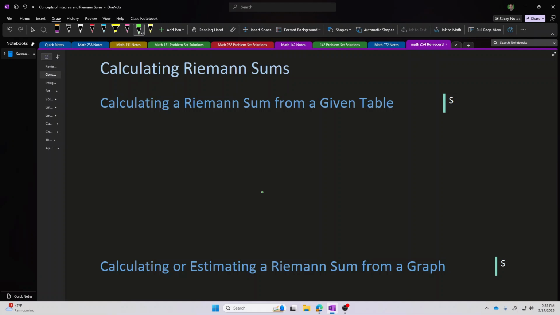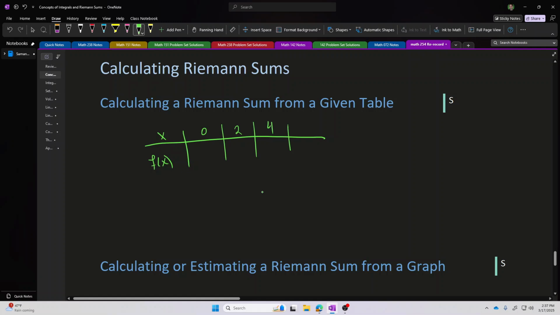So for example, if you have a table of values for a function, let's say 0, 2, 4, 6, 8, and a corresponding table of outputs for the function, -8, -6, -4, 0, and 15.